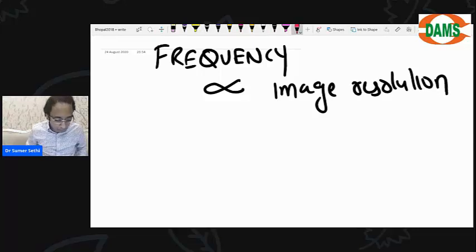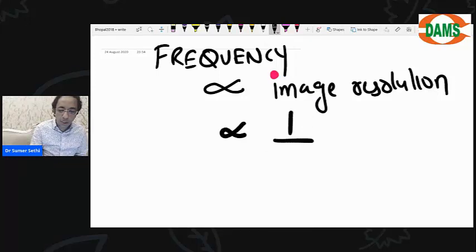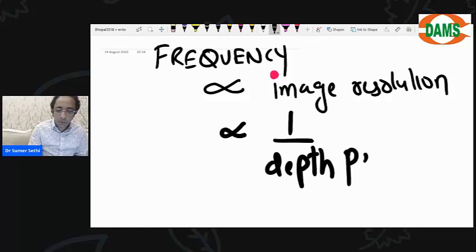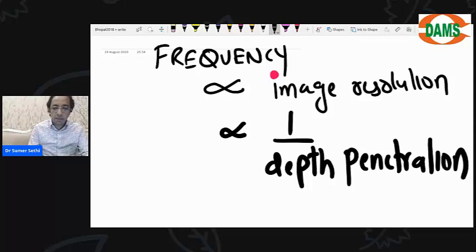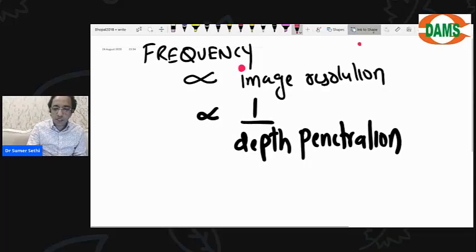Direct proportional means, the more the frequency, the more the resolution. Resolution means the ability to see small objects. But the problem in ultrasound is that frequency is inversely proportional to depth penetration. This is the basic principle of ultrasound physics that you need to know.